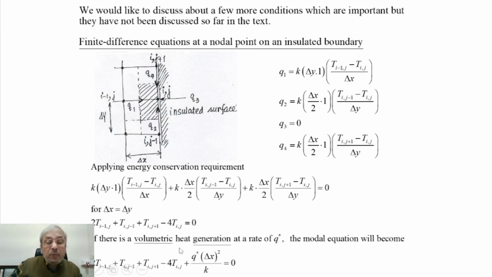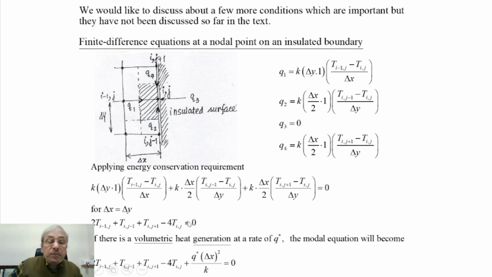Now, if there is volumetric heat generation at a rate of Q star, the nodal equation will become twice Ti minus 1j plus Tij minus 1 plus Tij plus 1. These will remain the same. Minus 4 Tij, again this will remain the same, plus, due to the presence of the volumetric heat source, we will add this term Q star delta x square by K equal to 0.